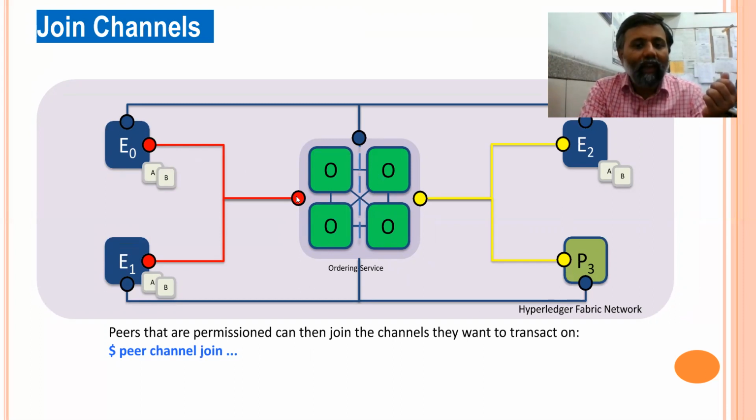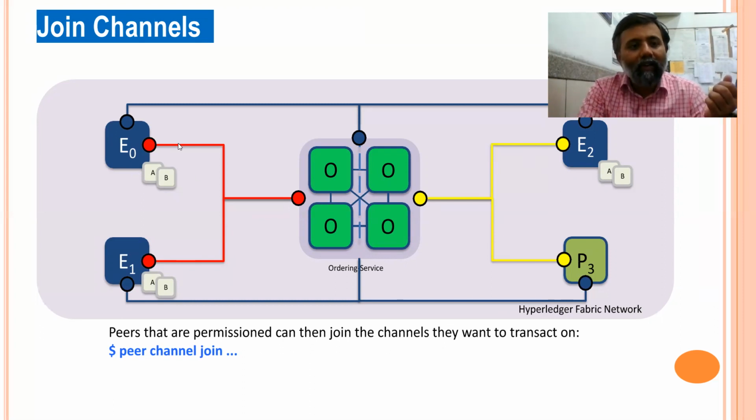The second channel we have is red, where E0 and E1 are participating, and similarly on the yellow channel, E2 and E3 are participating. That is, on the yellow channel, we have only one endorser. So this is a particular example of multiple channels.